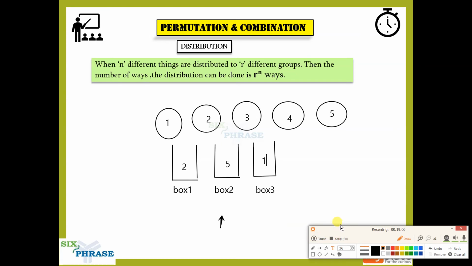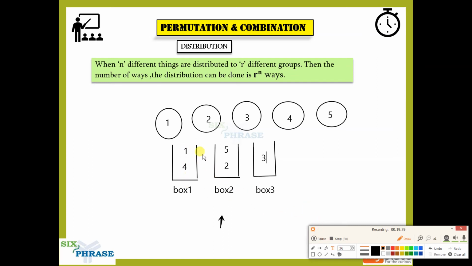In distribution, you could have the first and the third ball, first and the fourth ball here. Here you could have the fifth and the second ball. Here you could just have the third ball. Not only this, in distribution you can also have all the 5 balls in a single box.